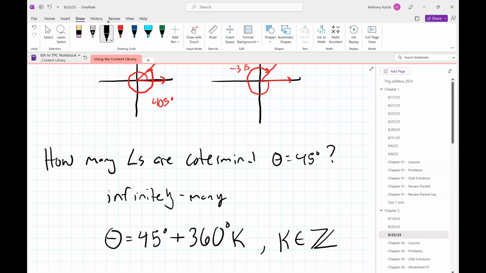So we say that all of our coterminal angles are just 45, and then we've added or subtracted some multiple of 360. What's the k? So the k is just like a parameter. It's like a variable, because we're saying that k has to be an integer, like a positive or negative whole number. So if k is -7, it means we spun clockwise 7 times and we land back at 45. If k is 15, it means we go counterclockwise 15 times and land at 45. Cool?